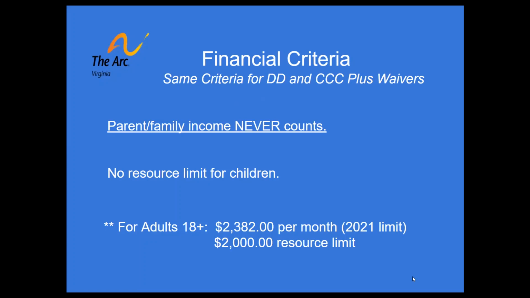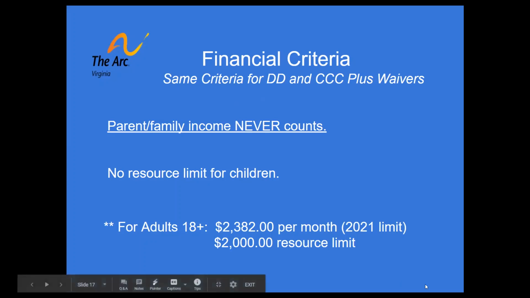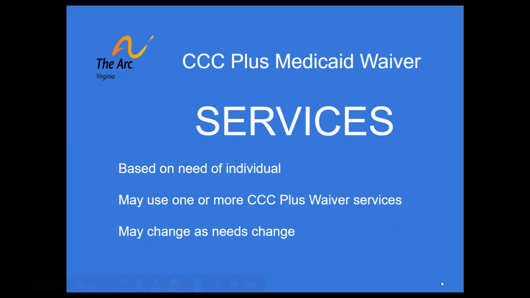That is not true. Parent family income never counts. There's no resource limit for children. However, for adults 18 years plus, there's a monthly income limit of $2,382 per month, and there's a resource limit of $2,000 per month.